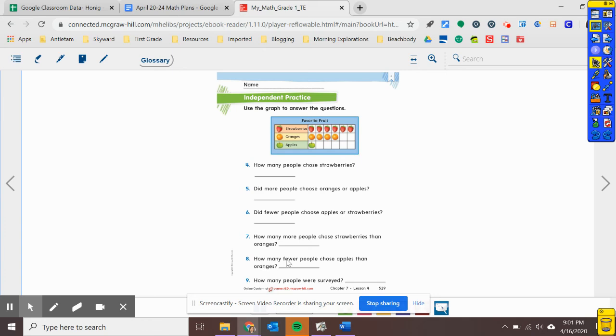Those words, how many fewer, also tell you you need to do what? Write that over here and then write your answer on the line. Pause, solve that, and unpause when you're ready to move on. And number 9, how many people were surveyed? Count them all up, write it on the line. When you're done with that, you are finished with your math today. Fabulous job, and I will see you tomorrow.